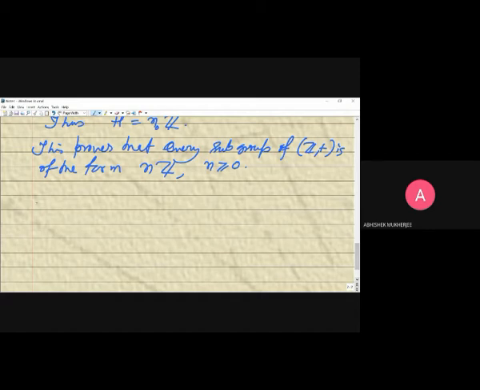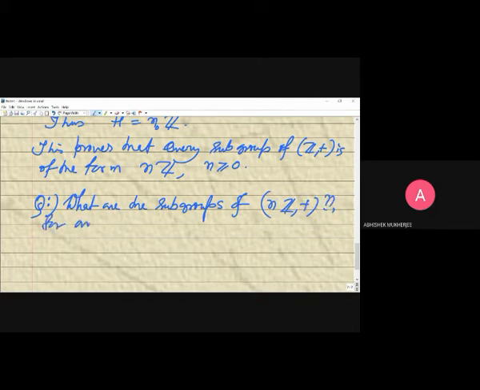Now the question is, what are the subgroups of NZ plus for any positive integer n? What are the subgroups of NZ plus? Okay. So what would be your move?